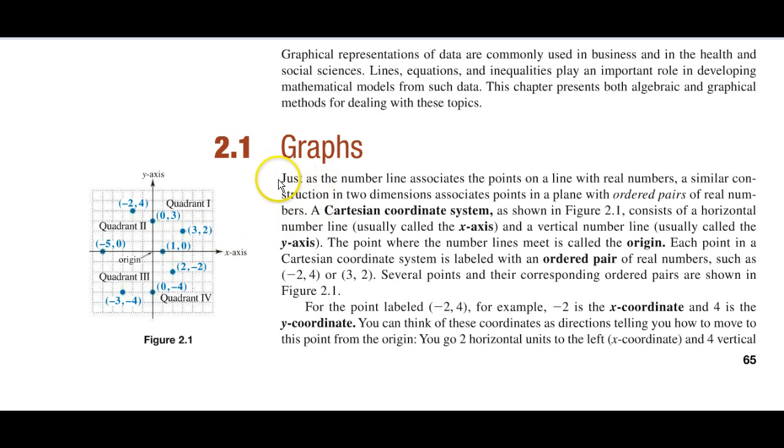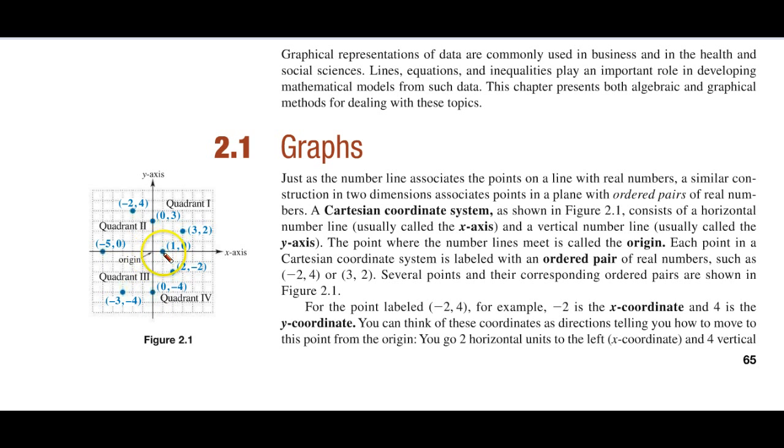When we think of a graph, remember we're thinking of two number lines, a horizontal number line, which is our x-axis, and a vertical number line, which is our y-axis.